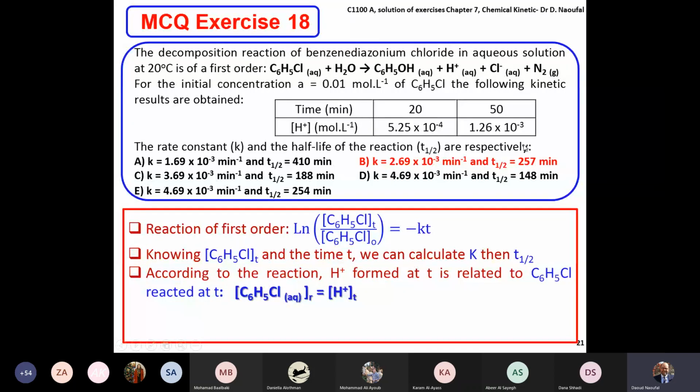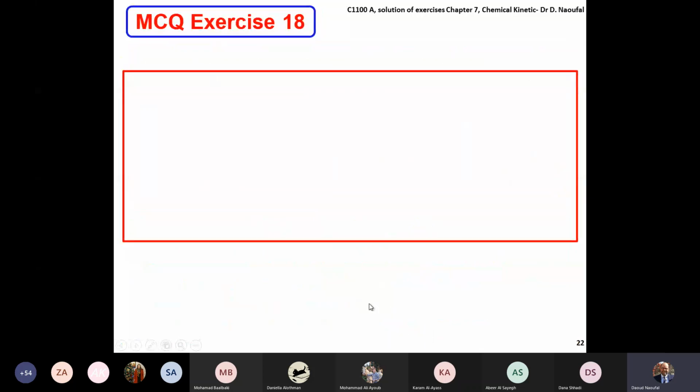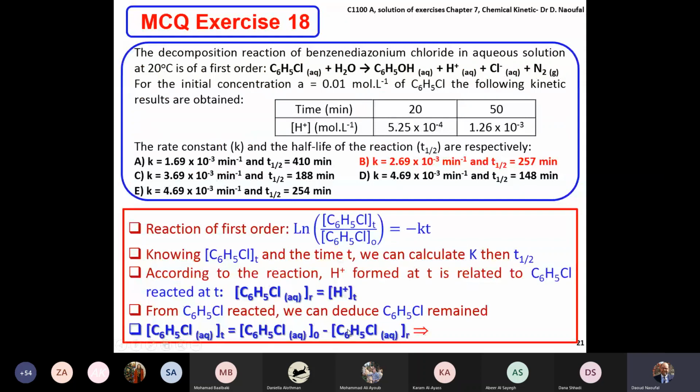So we can now add a third row where we put the concentration of C6H5Cl reacted. And from C6H5Cl reacted, we can deduce C6H5Cl remained, since C6H5Cl concentration at time t equals C6H5Cl concentration initial minus C6H5Cl reacted. So the relation we can write: C6H5Cl_t equals C6H5Cl_0 minus H+ formed.